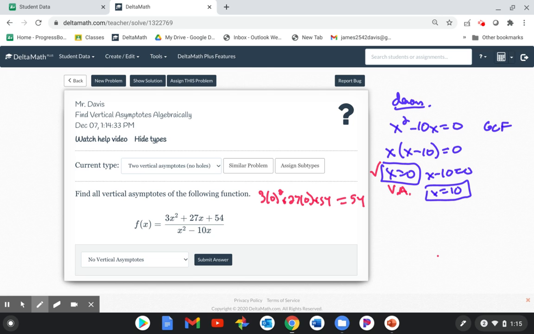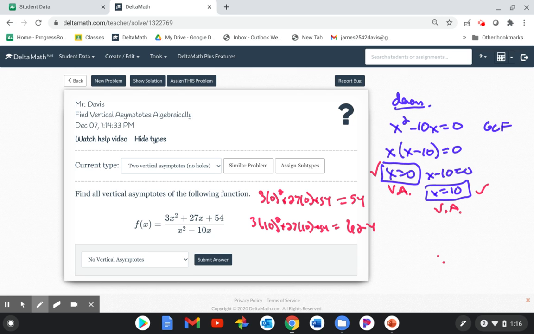And then I plug in 10. 3 times 10 squared plus 27 times 10 plus 54. That's going to give me 300 plus 270 plus 54. That's not going to be 0 as well. So 570, 624, something like that. So that is not 0 as well. So that's going to be a check mark. That is a vertical asymptote as well.